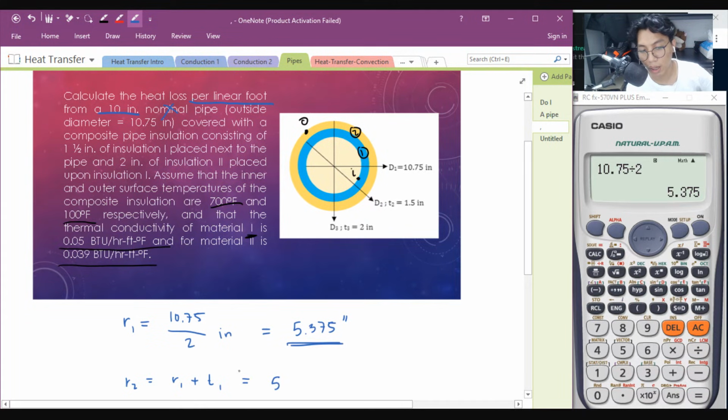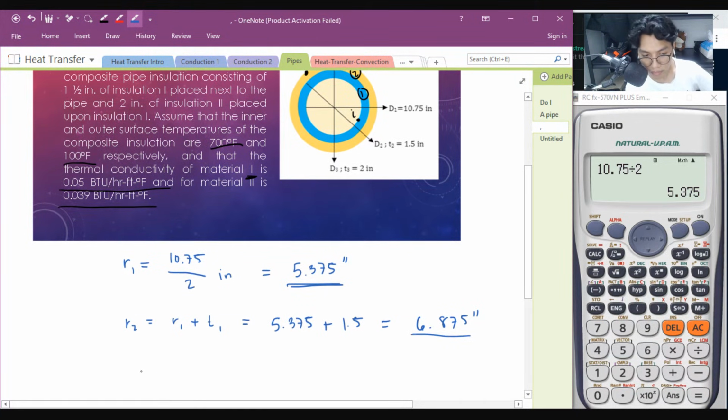That is R1 plus T1. 0.375, plus, what value was given there? 1.5. So, it is equal to 6.875 inch. R3 is simply R2 plus the thickness of insulation 2. That is 6.875 plus 2 inch. The 8.875.